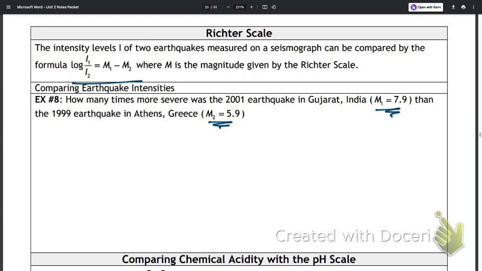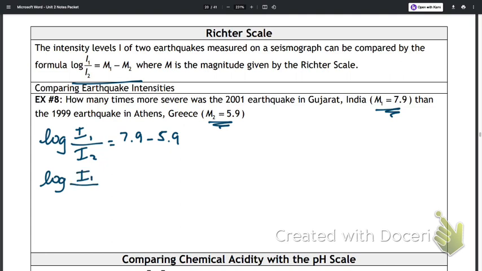Well, I'm going to plug all of that into that formula. So we've got the log of intensity 1 over intensity 2 equals magnitude 1, which is 7.9, minus magnitude 2, which is 5.9. So we get the log of those intensities equals 2.